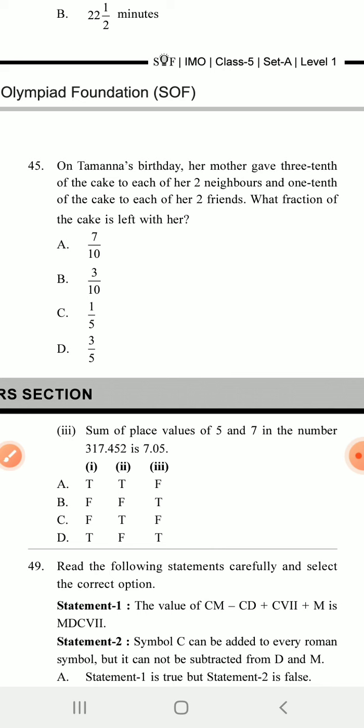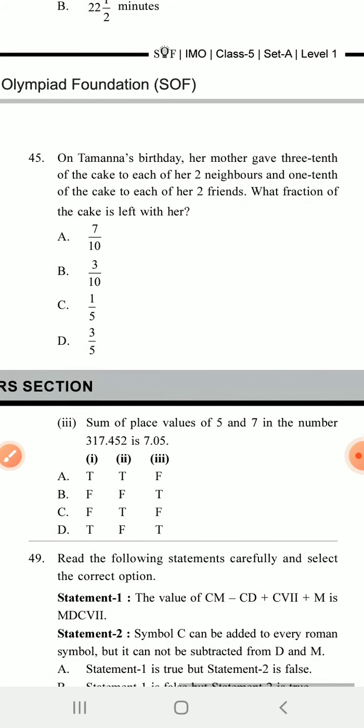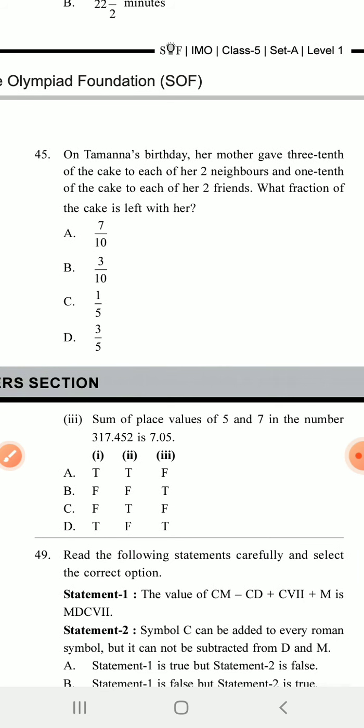And 1/10 of the cake to each of 2 friends, so the 2 friends get 2 into 1/10. Now find these 2 fractions and what fraction of the cake is left with her. So from 1 you subtract this value, 45. 45 answer C.